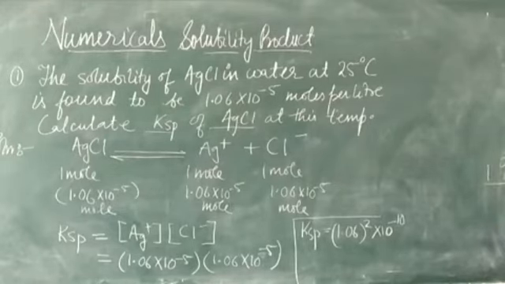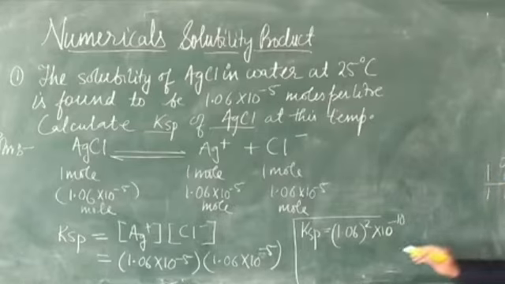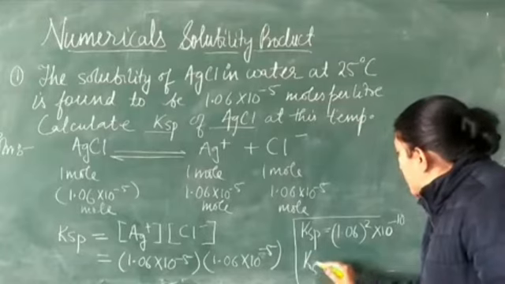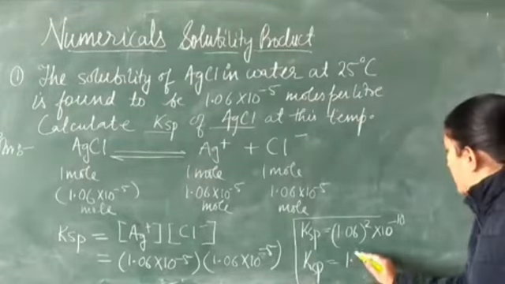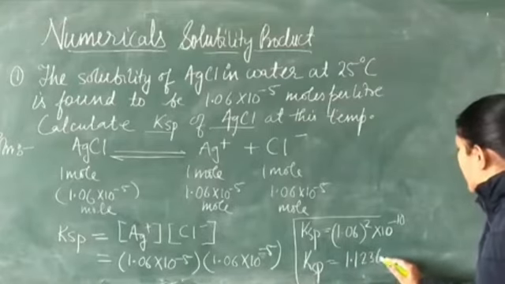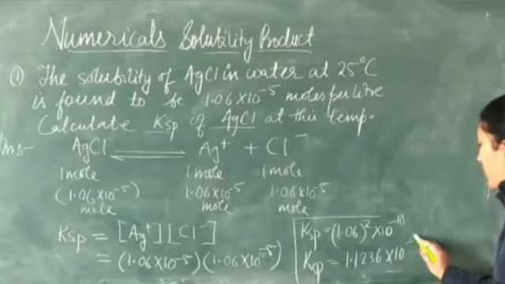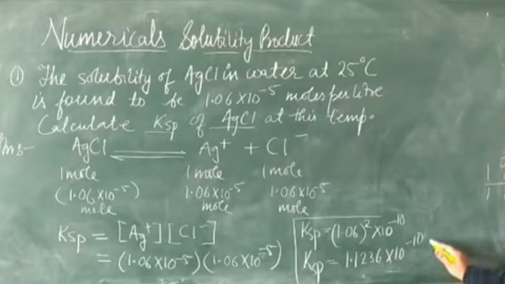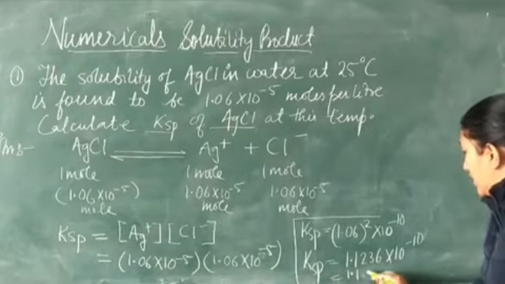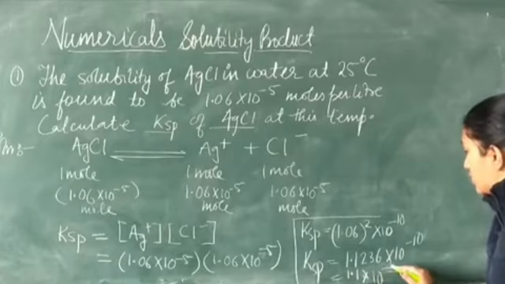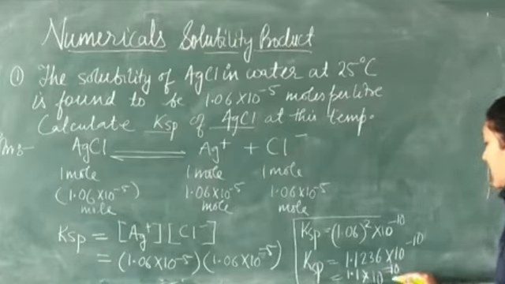So here we are getting KSP will be equal to 1.1236 into 10 raised to power minus 10, or you can round your answer to 1.1 into 10 raised to power minus 10.